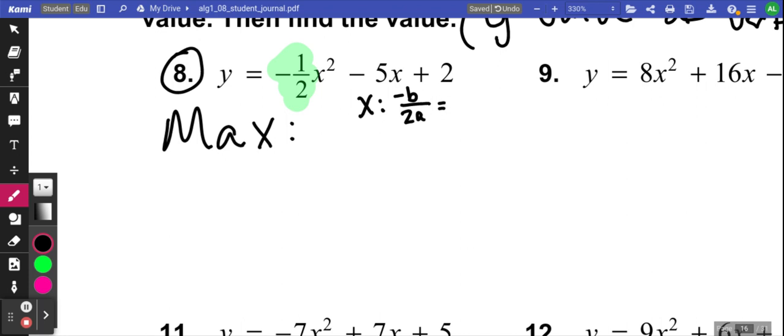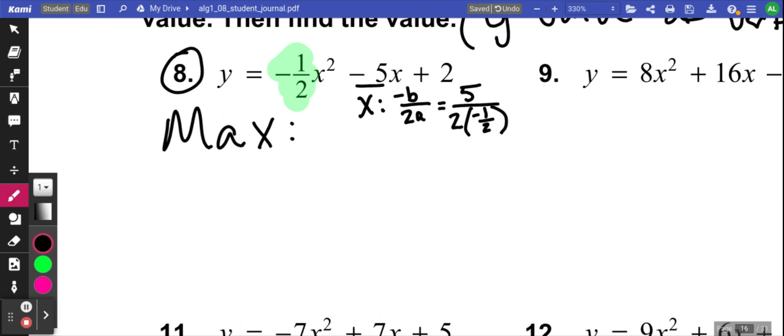So negative b, well, regular b is negative 5, so the opposite of that changes back to positive 5 over 2a. So 2 times negative 1/2.